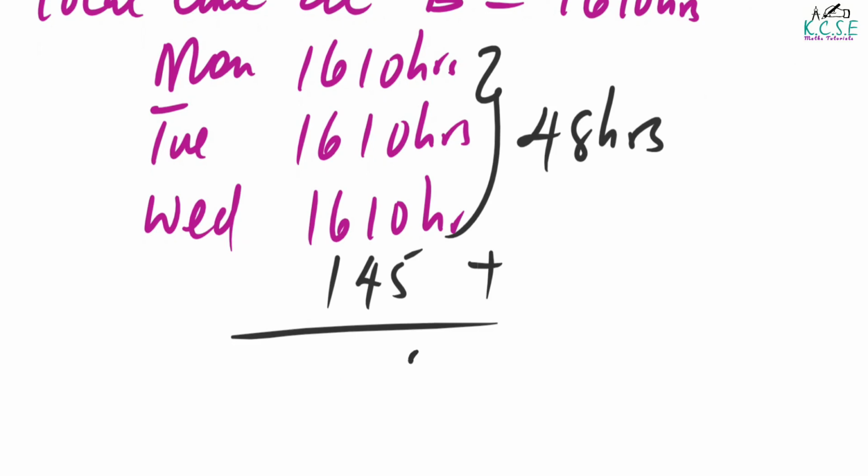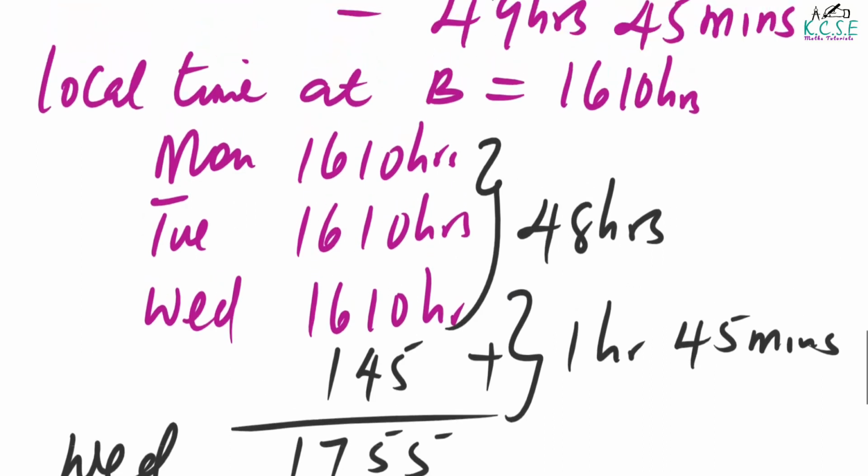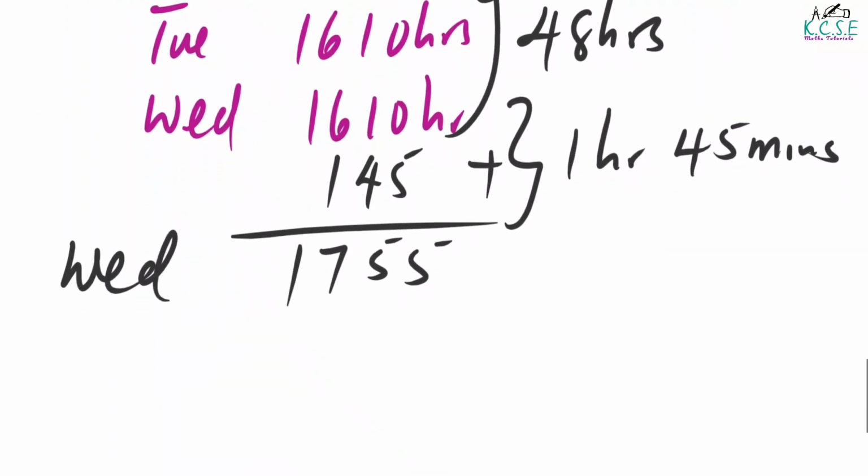So this gives 17:55, and this will still be Wednesday. So here you have 1 hour 45 minutes. When you add these 48 hours plus 1 hour 45 minutes, you get a total of 49 hours and 45 minutes.